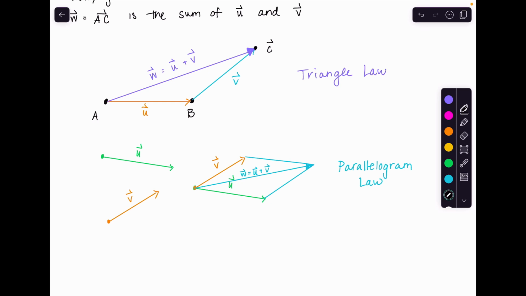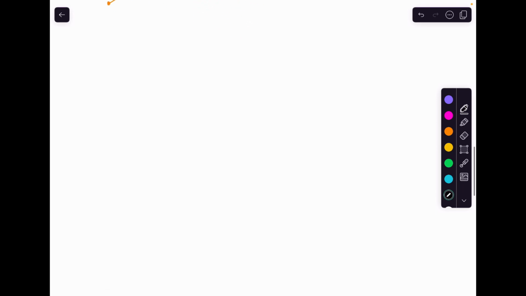Now, if you're subtracting two vectors, it's really the same kind of idea, because remember, a negative out front is just a scalar multiple, so it's putting one in the opposite direction.